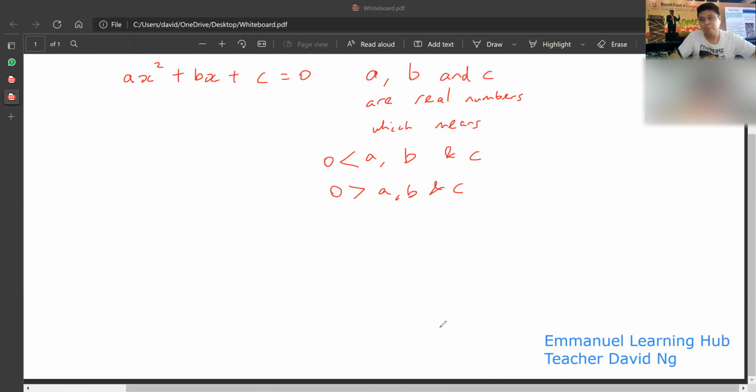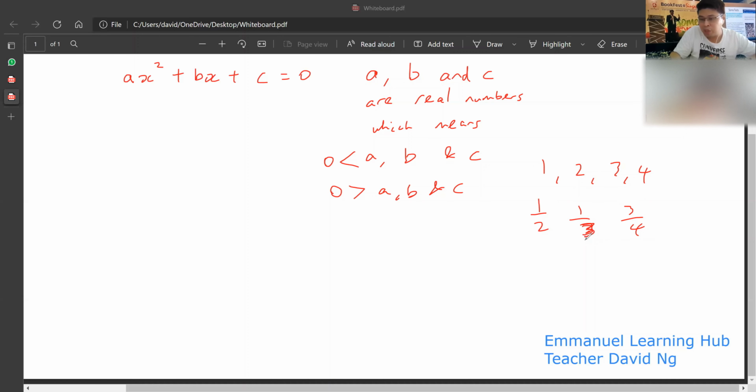Okay? Real numbers doesn't mean it's positive. Real numbers can be negative. Okay? So A, B, and C are real numbers. And numbers doesn't mean 1, 2, 3, 4. Numbers can mean a fraction, half, 1/3, 3/4. These are also numbers.